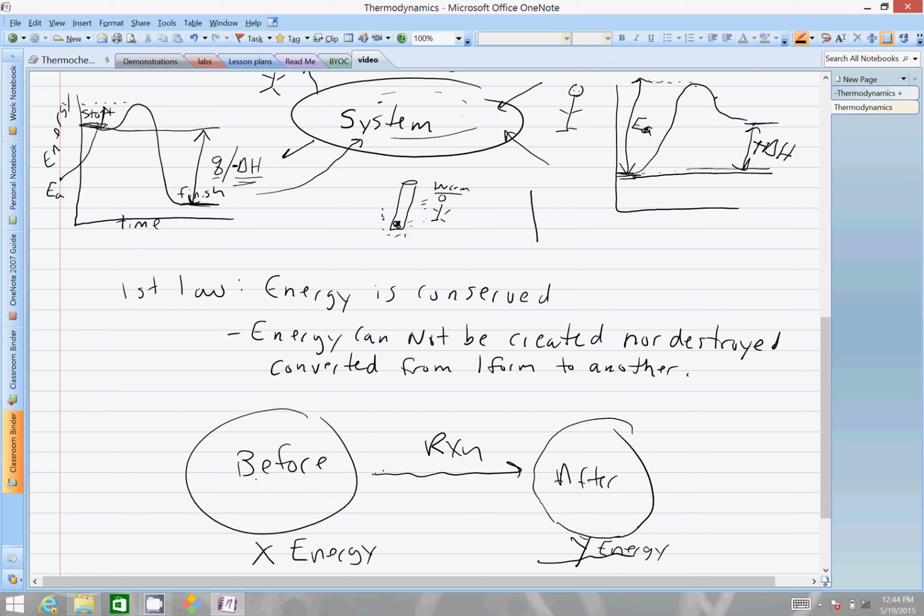Then how much energy was exchanged during this process? Well, if energy entered the system, then Y should have a greater amount of energy. If energy exited the system, then Y should have less energy. So I simply take Y minus X, and that gives me my change in energy, commonly referred to as delta H. We'll talk more about that later.